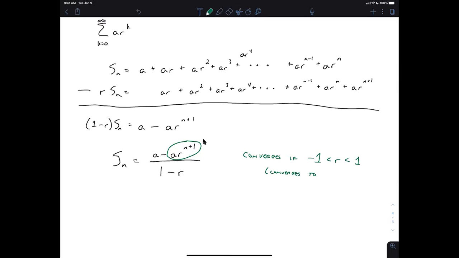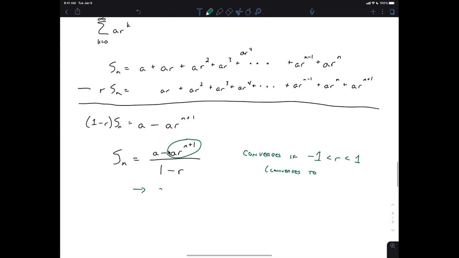What happens to the part in green if r is between 1 and -1 as n goes to infinity? What happens to this? That goes to just this part. So if that's 1/3 to the infinity, what's it do? Yeah, 0. So we're saying in the chat, this part goes to 0.